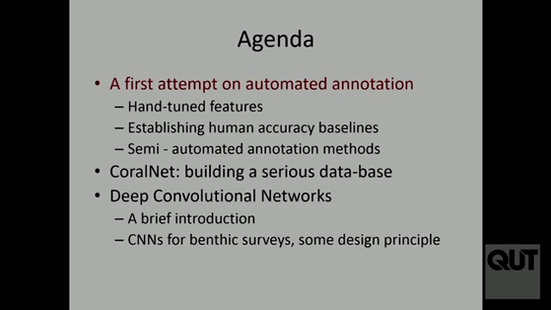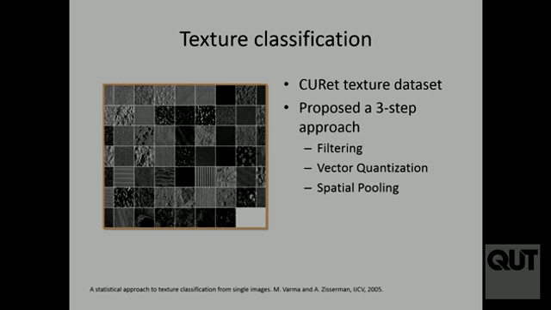That's what we're going to talk about. If you think about these benthic ecological images, it's basically a texture classification problem. There's previous work from 2005 that I started looking at a few years ago, so I want to walk you through that pipeline to give you some sense of what you could do.